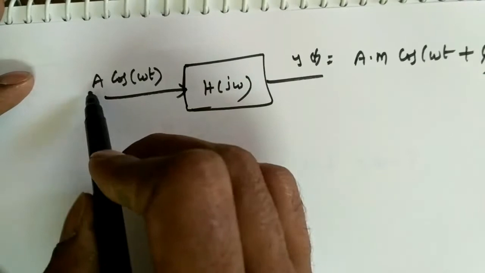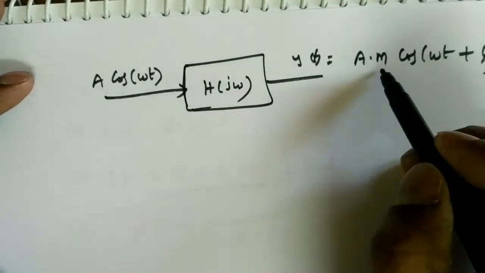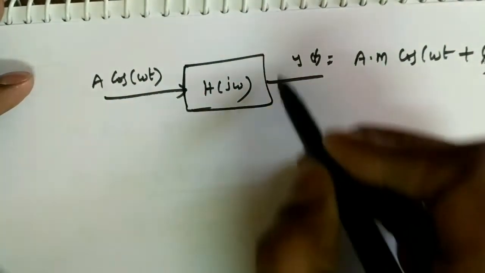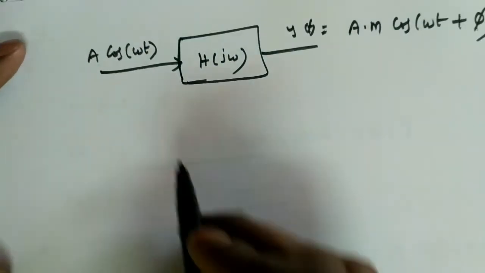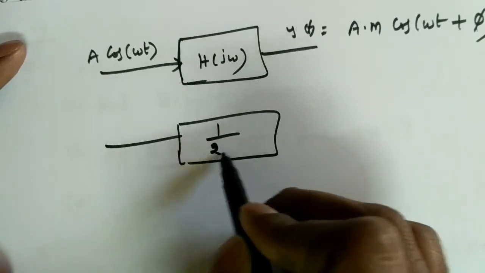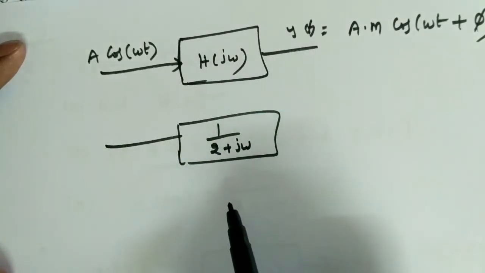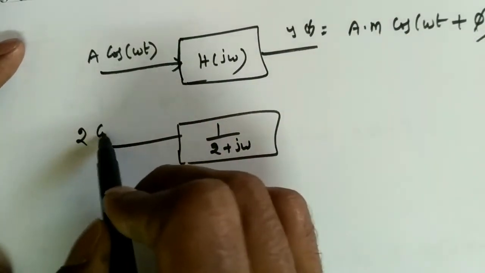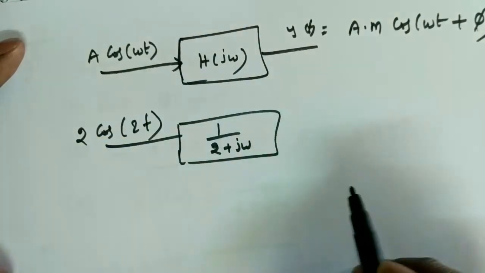This A is the input amplitude, but M, the magnitude, and the phase are given by the system response. From the given, we got H of j omega as 1 by 2 plus j omega, and the input is 2 cos 2t.